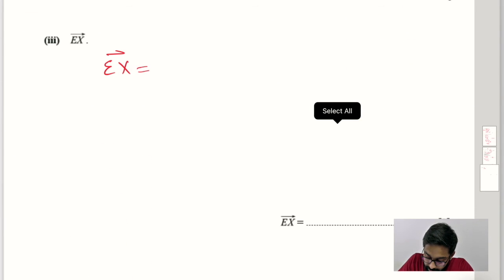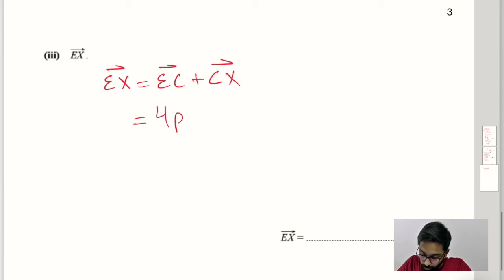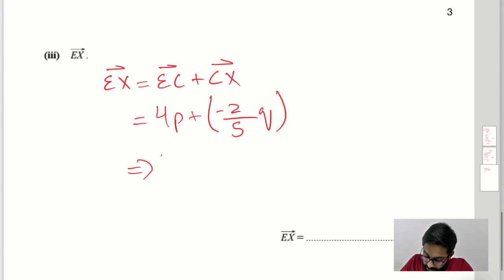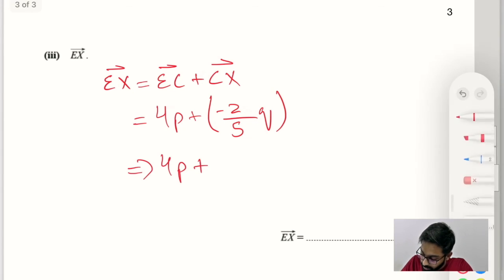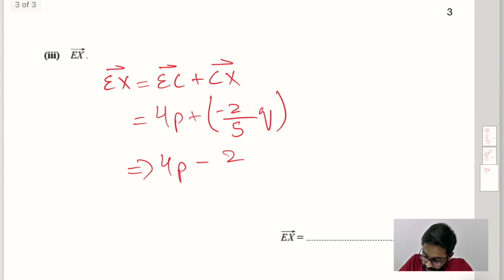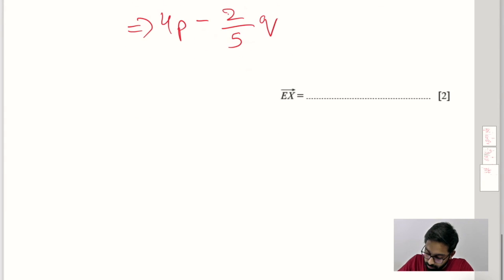So EX is made up of EC plus CX. So EC, as we had, was 4P plus negative 2 over 5 Q. So this is your answer. 4P minus 2 over 5 Q. I hope that made sense. We can write it here. 2 over 5 Q. I hope this question made sense.